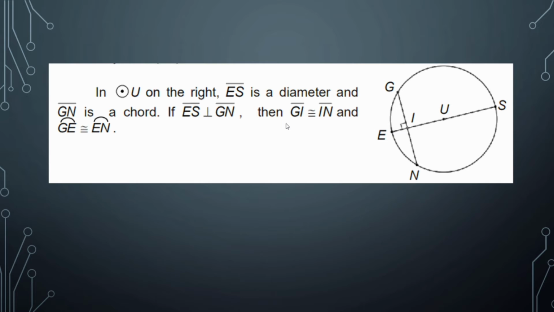With that, we can say that line segment ES is perpendicular with line segment GN. Then line segment GI is congruent with line segment IN. And with that, arc GE is congruent as well with arc EN.